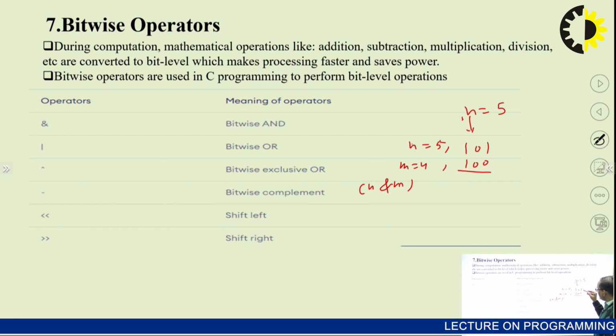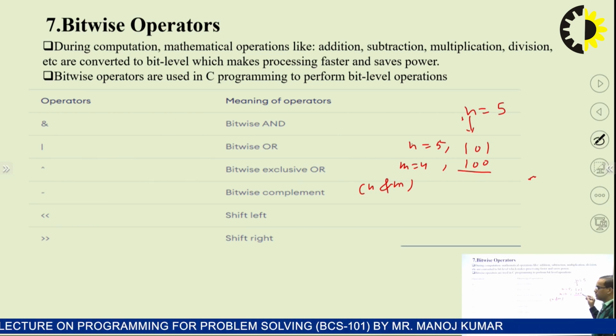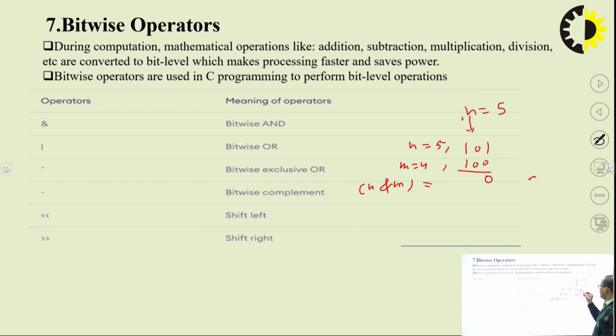Here this is the least significant bit and this is the most significant bit. In n, the least significant bit is 1 and in m the least significant bit is 0, so the output bit will be 0. Here this is 0 and this is also 0, so it will be 0. Here this bit is 1 and this bit is also 1, so the output bit will be 1. It means when we perform the bitwise AND of 5 and 4, the output will be 4. This is the binary representation of 4.